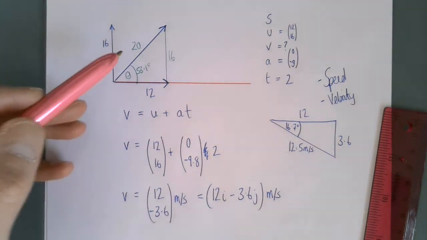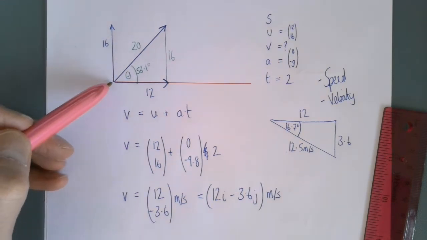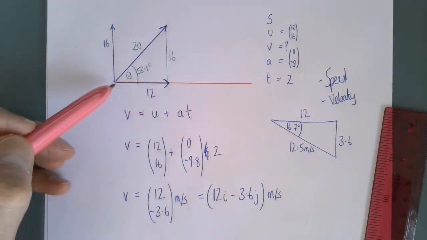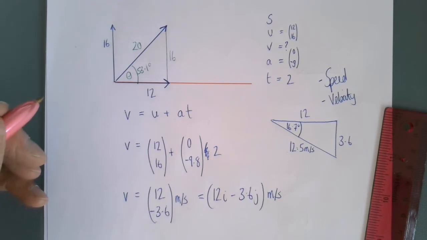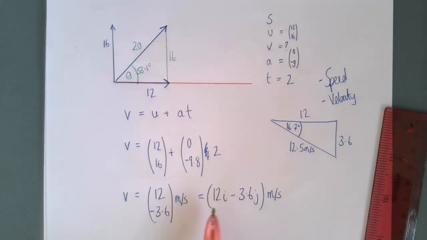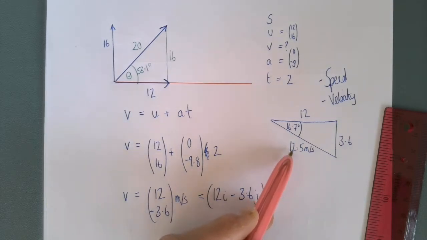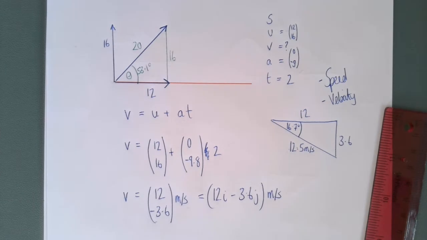Its initial speed was 20, which was a horizontal velocity of 12 meters per second and a vertical velocity of 16 meters per second. So a question like this would ask you for the velocity, because you are giving it as both horizontal and vertical components, whereas in the previous video we were working out speeds, which is the diagonal.